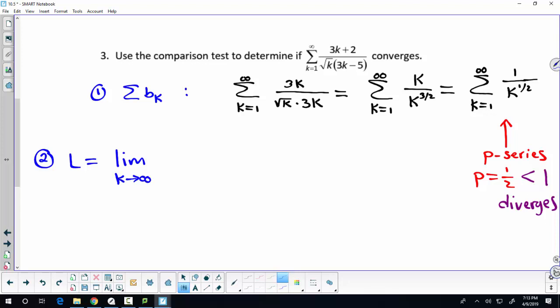We have our given series, A, write this out, 3k to the 3/2 minus 5k. So there's A divided by B, we'll multiply by the reciprocal of B. So what is that limit equal to?